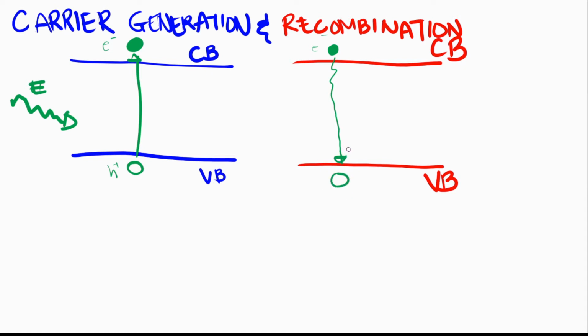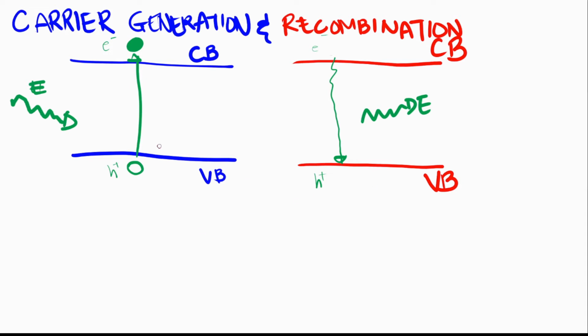When that happens, if these two combine, the electron goes back to the valence band, and we lose our electron hole pair since they have combined. The free electron is gone, and the hole is filled by the electron, so the hole is gone too. And since the electron went down from a higher to a lower energy, we will then release energy.